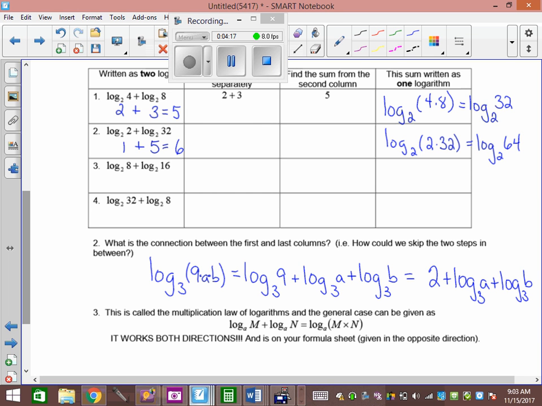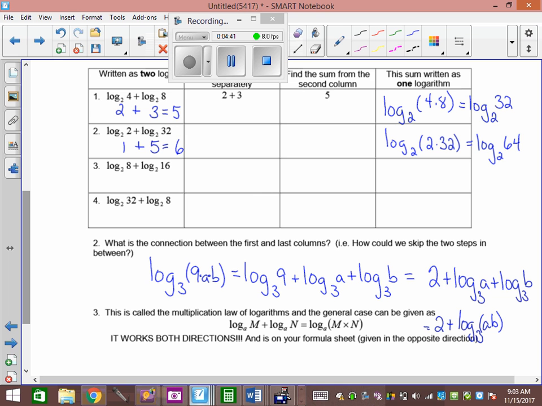Do you know what they usually have the answer as? They put them back together. So the answer is usually 2 plus log base 3 of ab. So you have to technically separate them apart first, because this one here gets rid of the log, right?